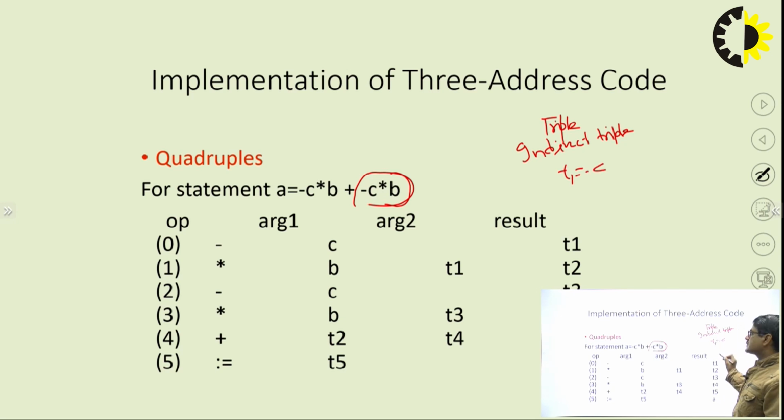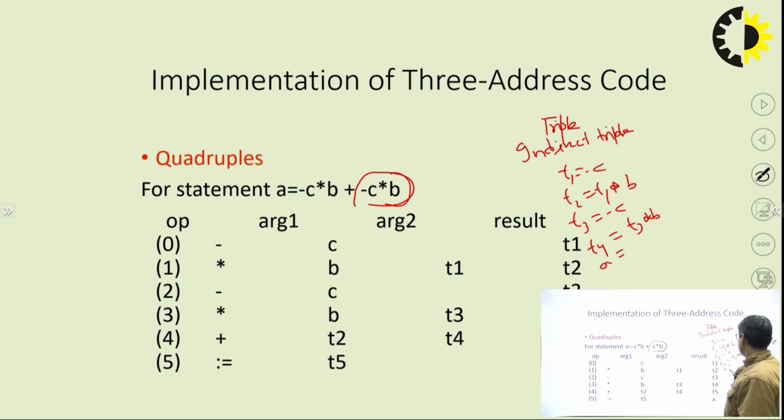T1 equals to minus c, T2 equals to T1 into b, T3 equals to minus c, T4 equals to T3 into b, and T5 equals to T2 plus T4, and A equals to T6.